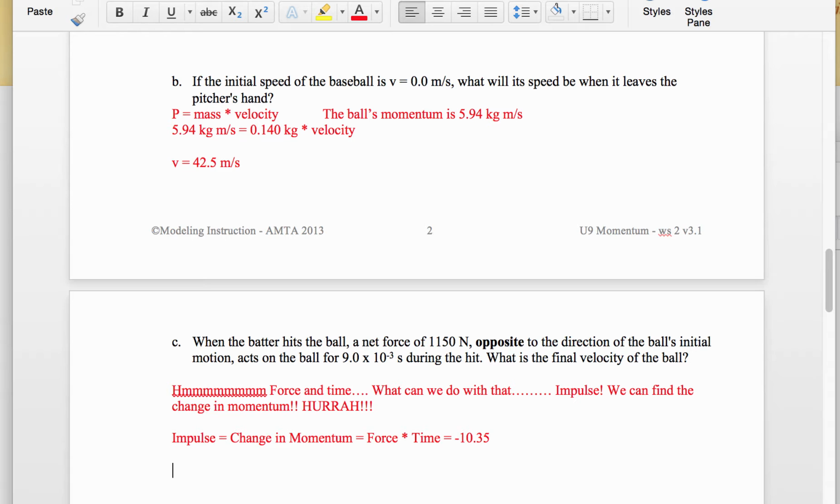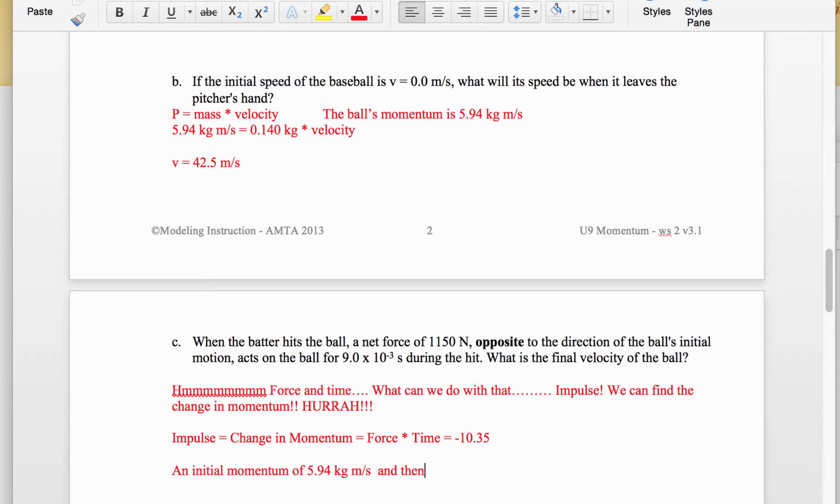So what is the momentum of the ball? Well, the final momentum. It had an initial momentum, so we had an initial momentum from this problem of 5.94 kilogram meters per second.